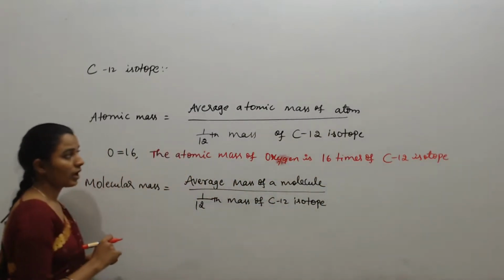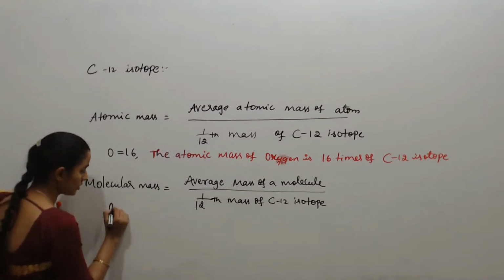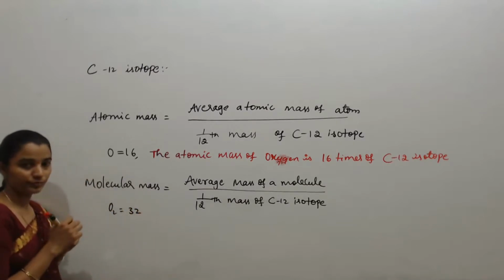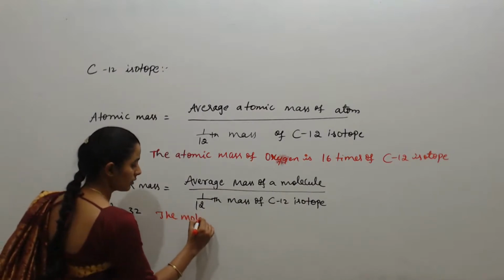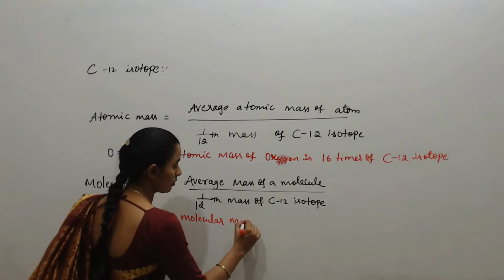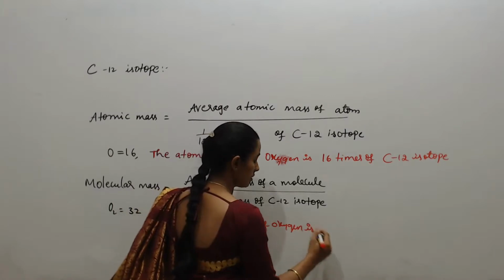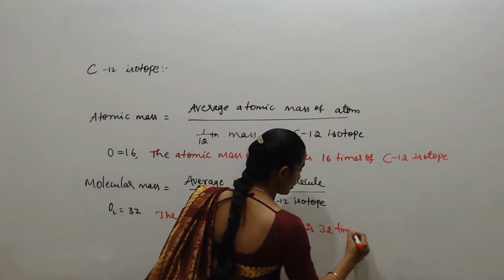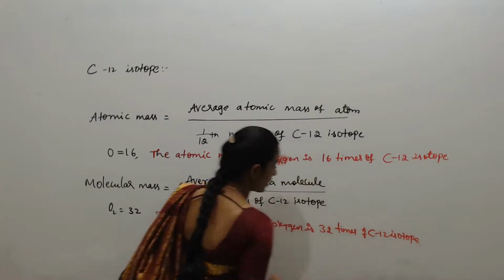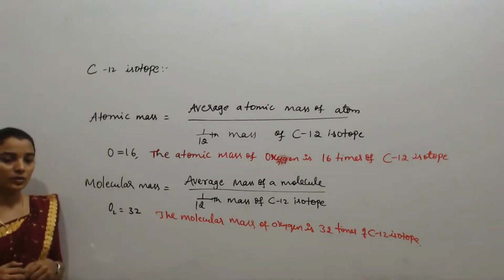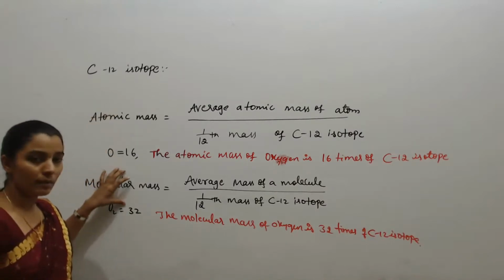The molecular mass of oxygen is 32, which means the molecular mass of oxygen is 32 times the mass of the C12 isotope. I hope you understood.